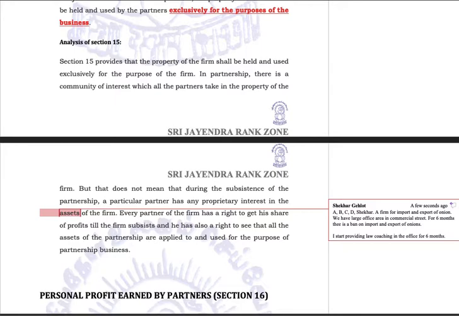Some 200 students come and I provide them coaching and I am making profit. This is not valid. Firm's property has to be used exclusively for the purpose of the business, and the purpose of the business is onions only. That's it. Purpose of the business is not law coaching. It is only onions, nothing else.